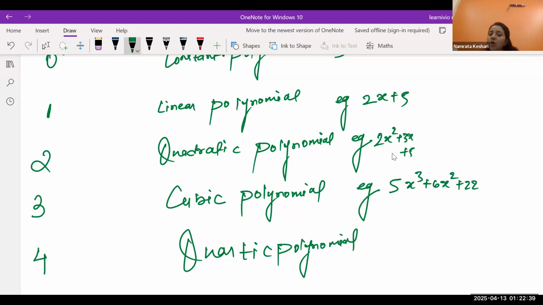Because in future, these terminologies will suddenly come, that we are having a linear polynomial, a quadratic polynomial, or a cubic polynomial. So it must click in your mind: linear means degree 1, cubic means degree 3. The last one is quartic. The second one I said was quadratic, and the last one is quartic. Quartic polynomial, and that much only you need to know.